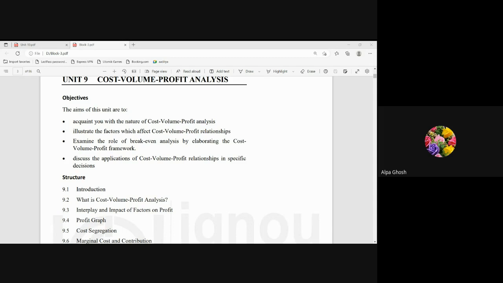Because when we talk about absorption costing and variable costing, this again we are going to repeat here also in cost, volume, profit analysis. Marginal costing, it considers variable costs, direct costs of producing.